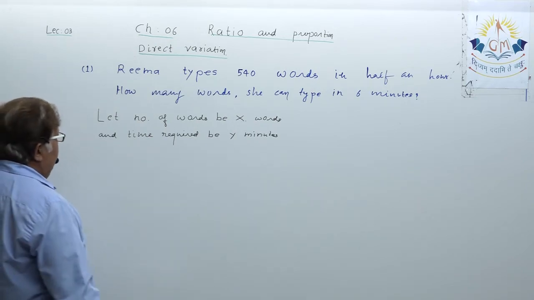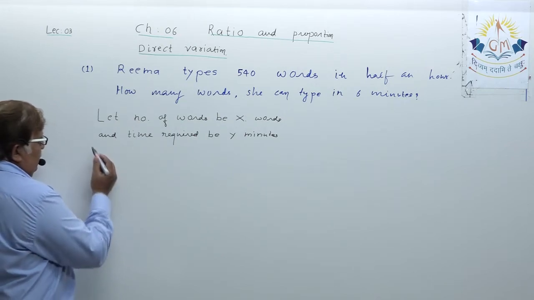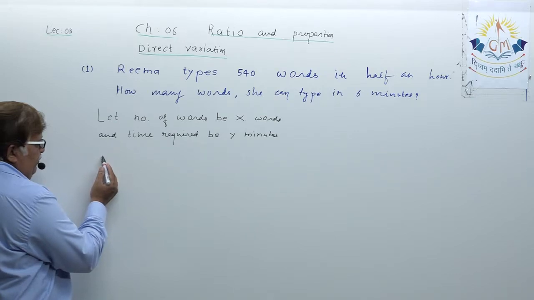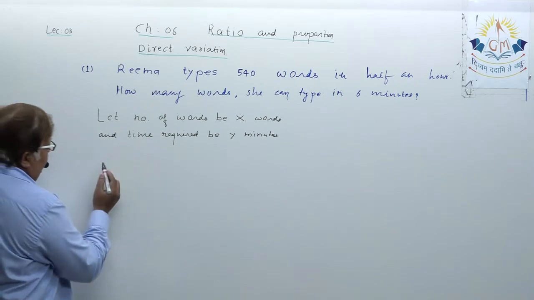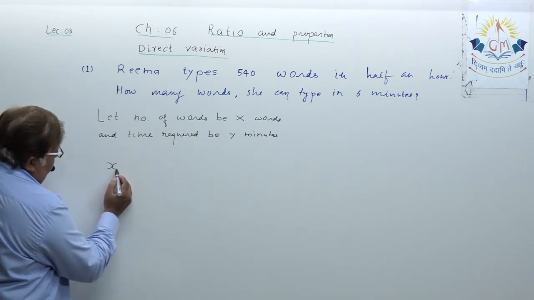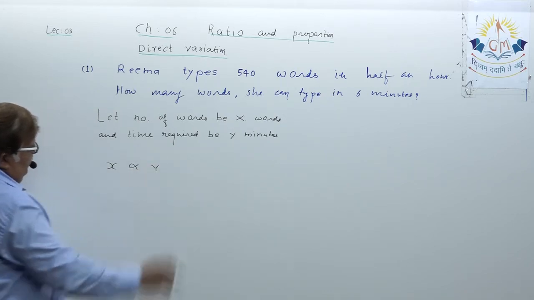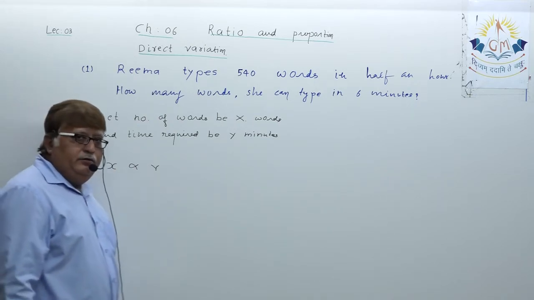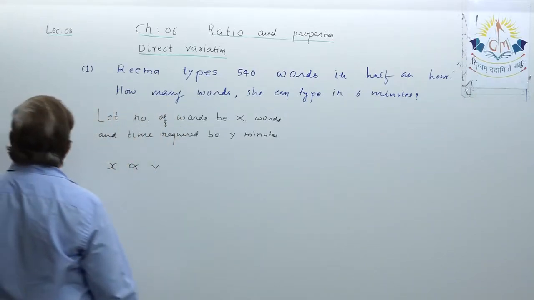After supposing this, the next step, I am keeping the space intentionally so that you can understand the second half of the sum. We write: x varies directly as y.